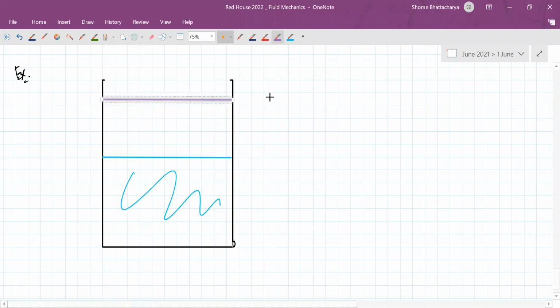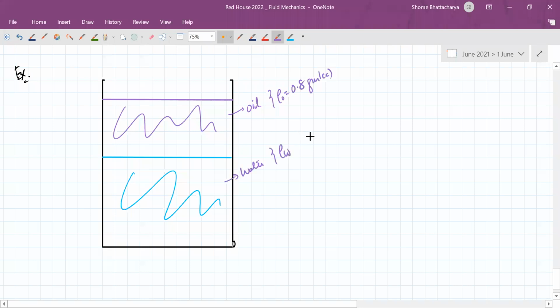This is oil, which has a density of 0.8 gram per cc. This is water, which has a density of 1 gram per cc. Now the oil layer is of height h1, let us say 12 meters. And the water level is h2 at the moment, which is, let's say, 15 meters.